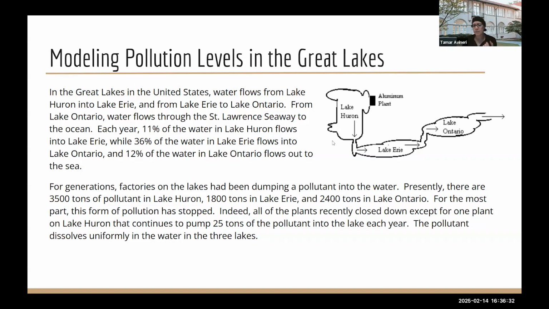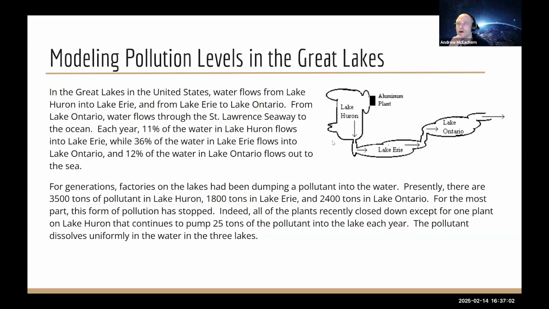So if we think dH/dt, how is it changing? We're looking at a differential equation, not what's in there right now, but how it's changing. So where would we begin? I'm thinking like 3,500 plus 25 times the year, and then we're losing 11% of that every year.